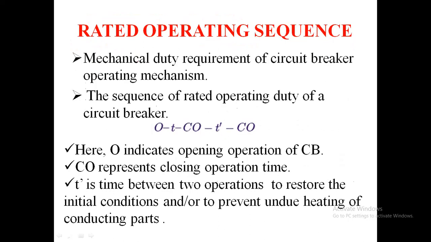And next is the rated operating sequence. This is the mechanical duty requirement of a circuit breaker operating mechanism. The sequence is represented by the opening and closing operations which it can perform under the specified conditions.